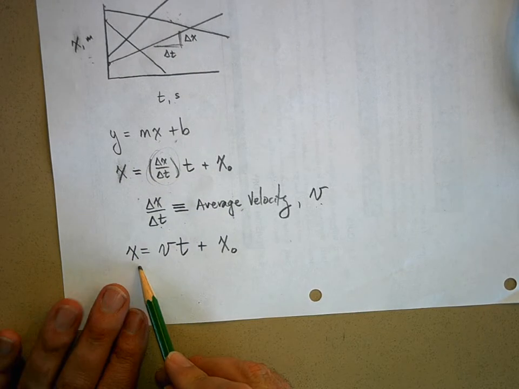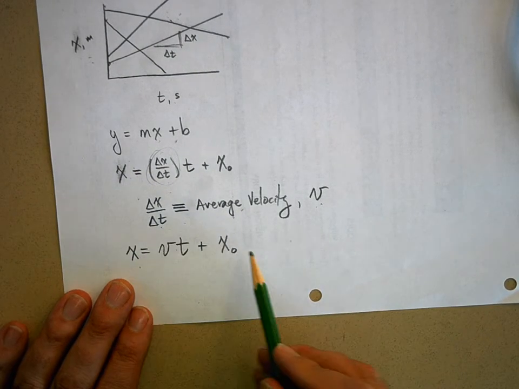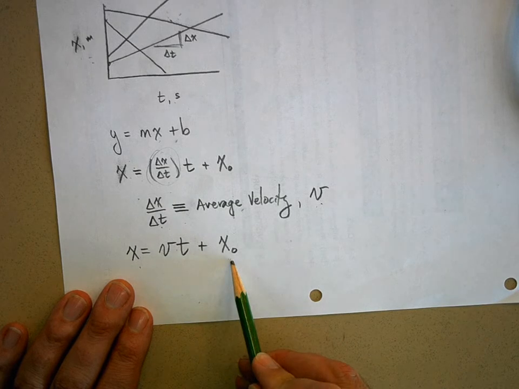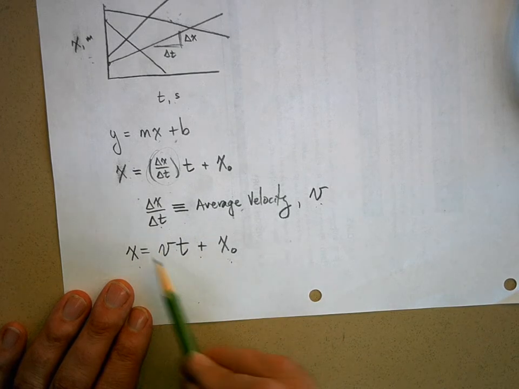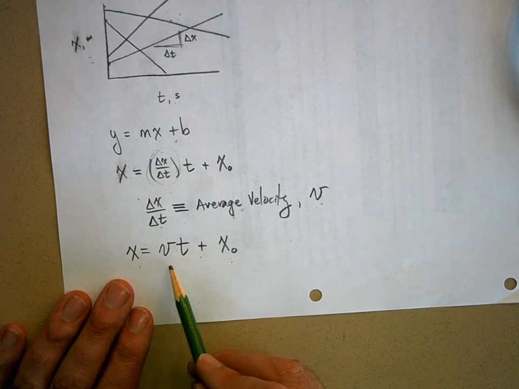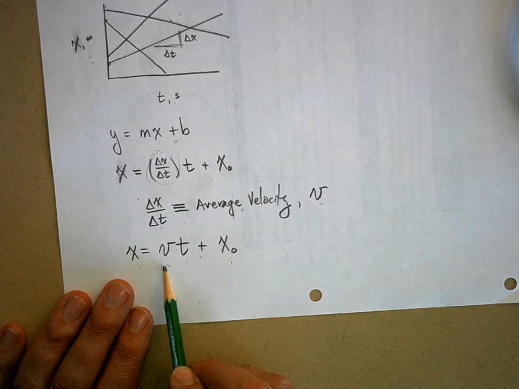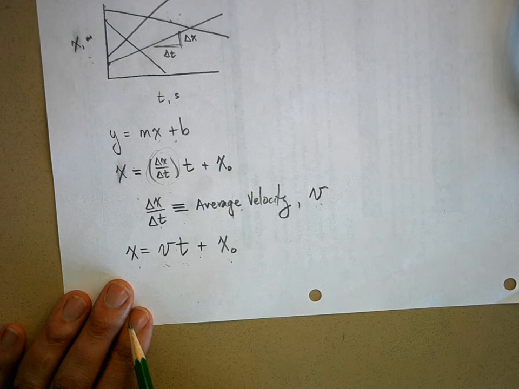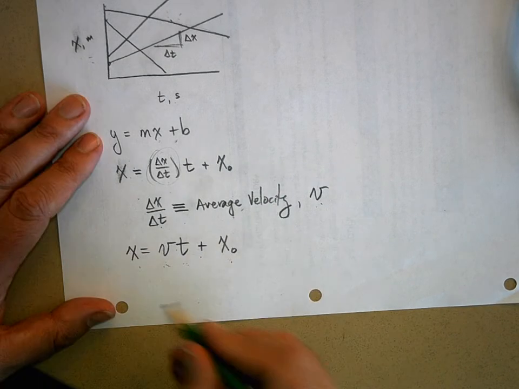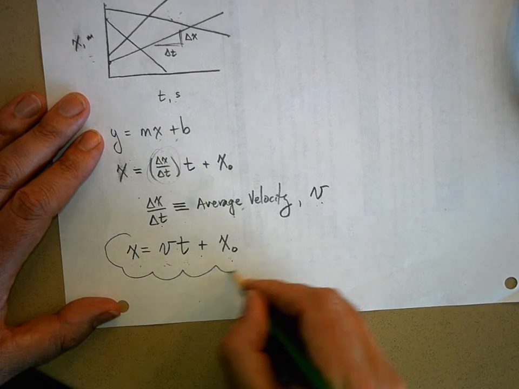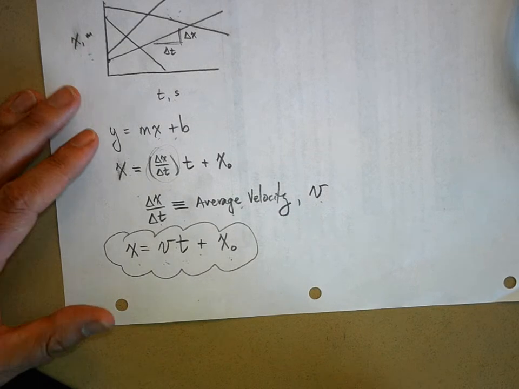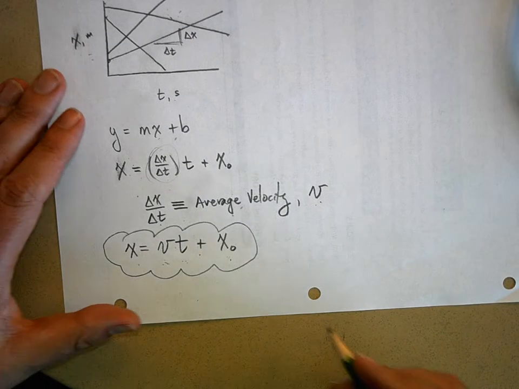So the position of my car is going to be equal to where I started my car plus how much I changed my position by moving. This is how fast I'm moving and in what direction. That's my average velocity times time. So this is my mathematical model for constant velocity motion.